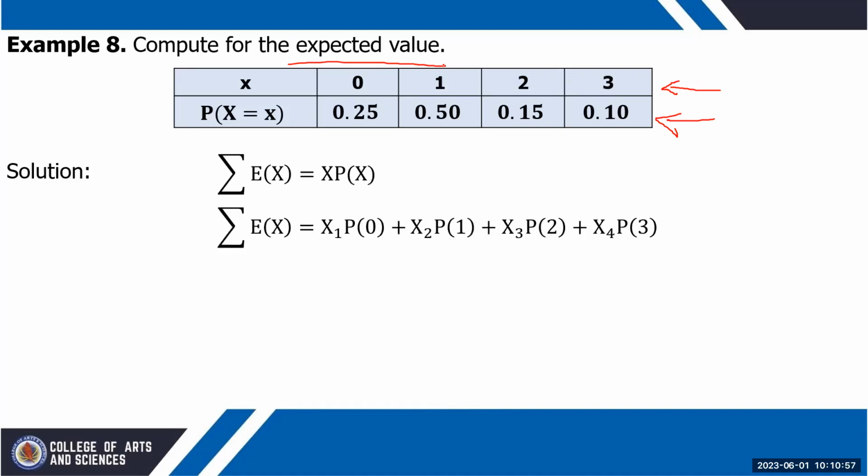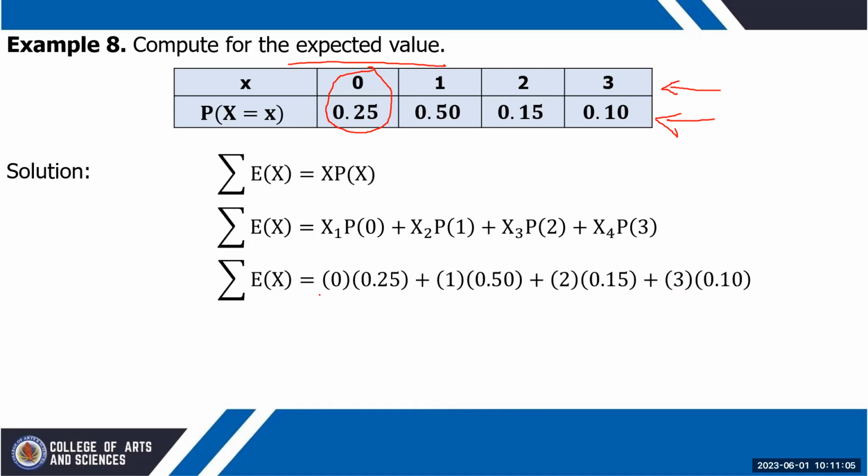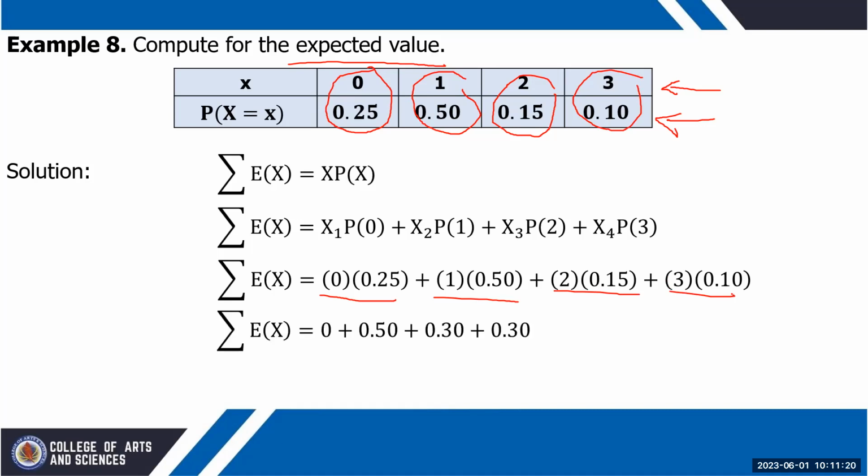You're gonna multiply this together. So, you're gonna get 0 times 0.5. You're gonna multiply 1 times 0.50. You're gonna multiply times its probability. And then 3 times 0.10. After multiplying, add them all together, and that is the expected value.